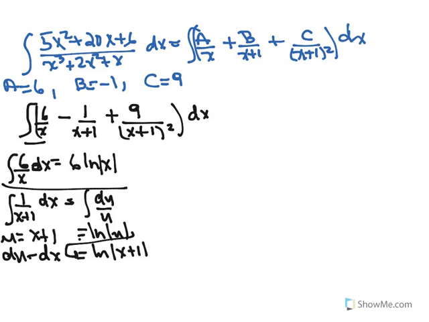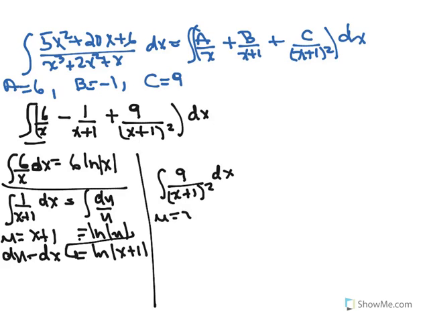Okay? We're good? Alright, so now the last one could be the integral of 9 divided by x plus 1 squared dx. Well, this is also very easy because I can do my u sub without any problem. Du is dx. And what I have here is the integral of 9 divided by u squared du.